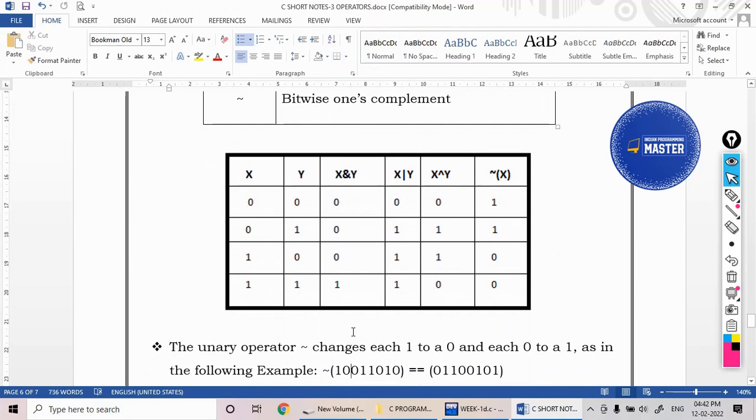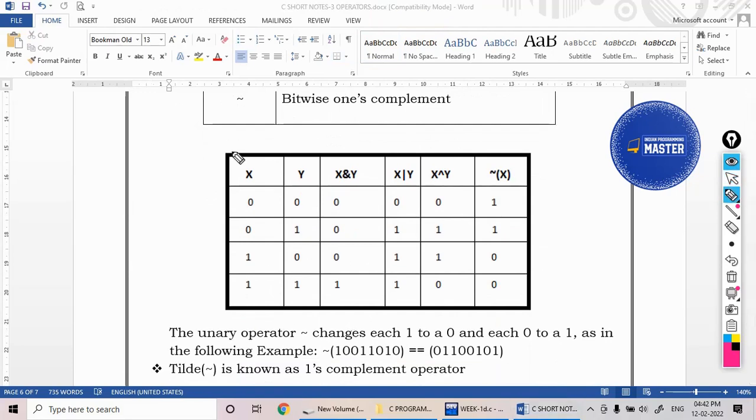If you see the table here, in the bitwise and, whenever all inputs are high, nothing but 1, or I can say true, then the output is 1. In the remaining cases, the output is 0.